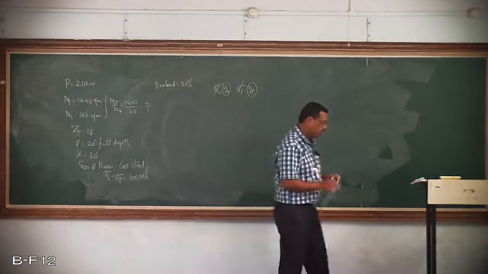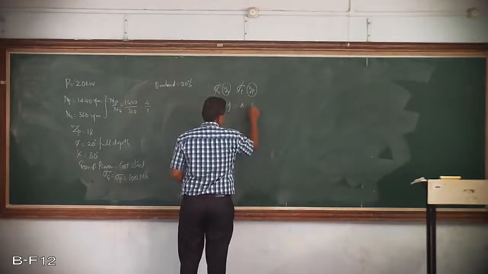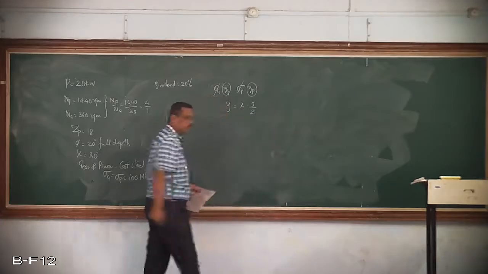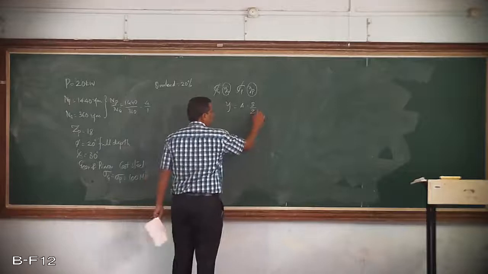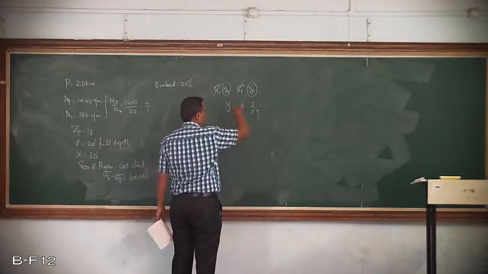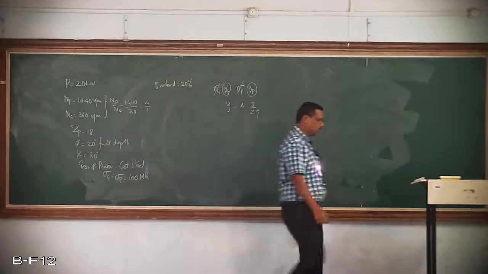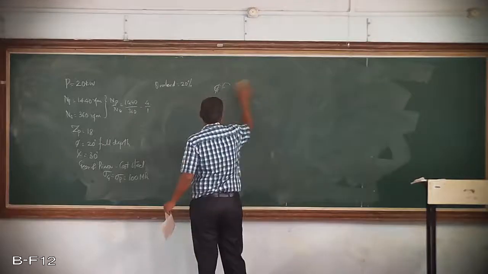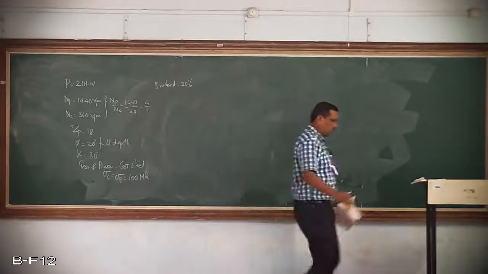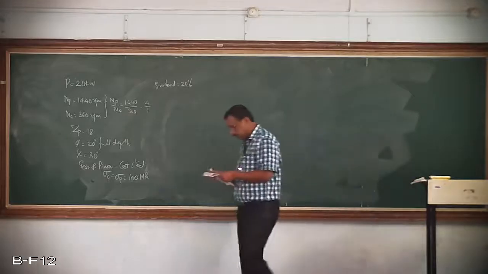Y is given as a minus b by z. Higher the value of z, lower will be this value, and therefore y is going to be on the higher side. Therefore, here the pinion is the weakest of the two, and we can directly go ahead with the pinion.